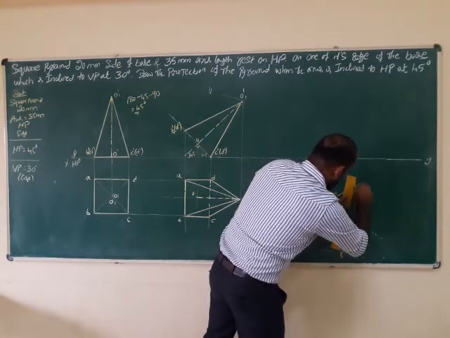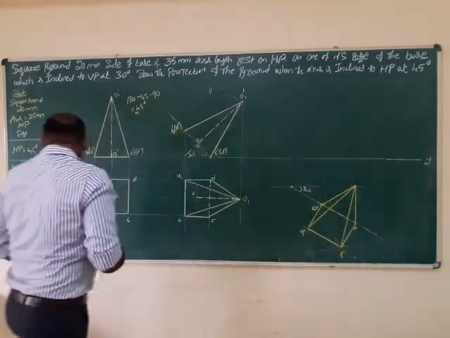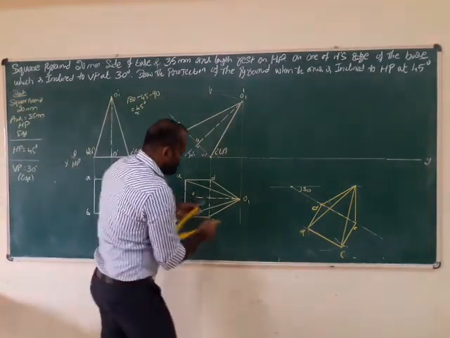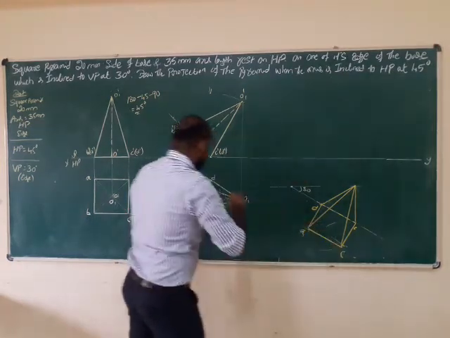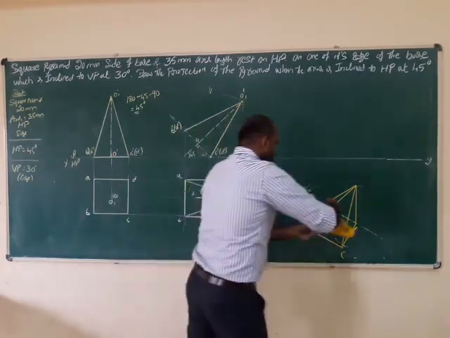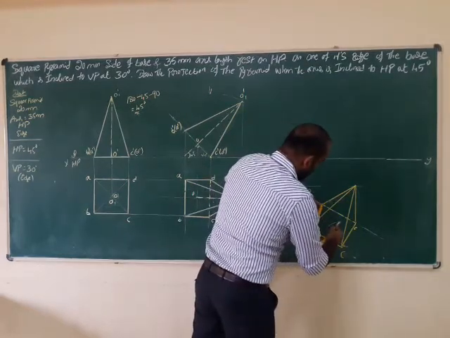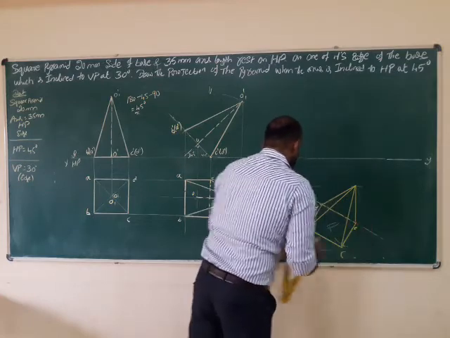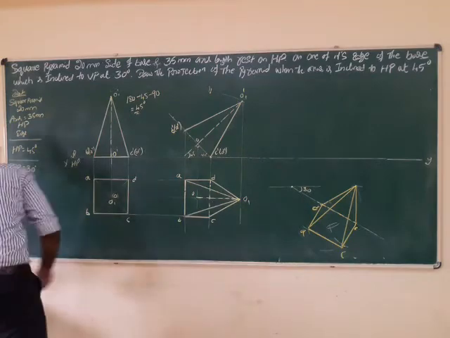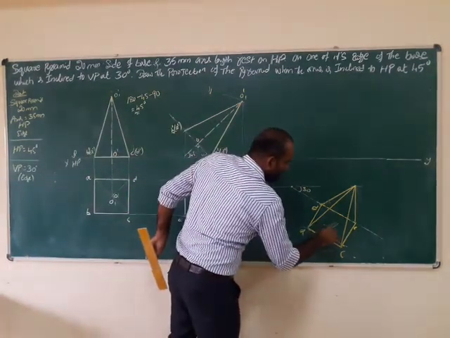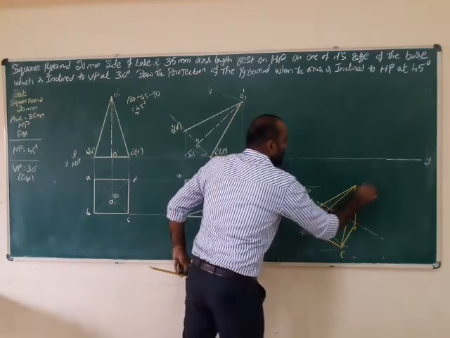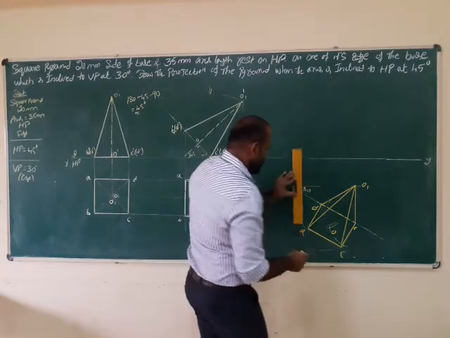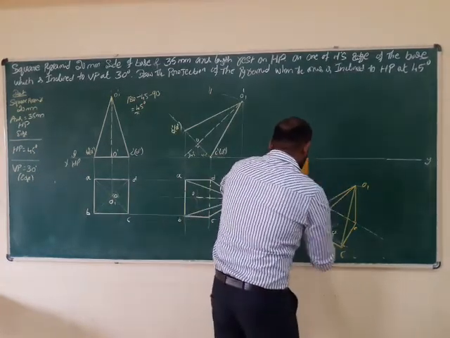Go to A and go to C. The center O remains to be found. So C to O, D to O. This point is called O1.